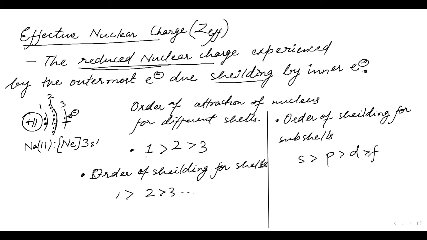Any doubt in this order? You know that as we increase the lobes, the diffusion increases, and as the diffusion increases, it gets bigger and bigger. Hence, it cannot experience the whole charge. Write these 2 points also: order of shielding for shells and order of shielding for subshells.